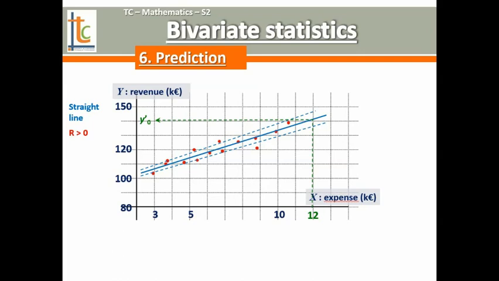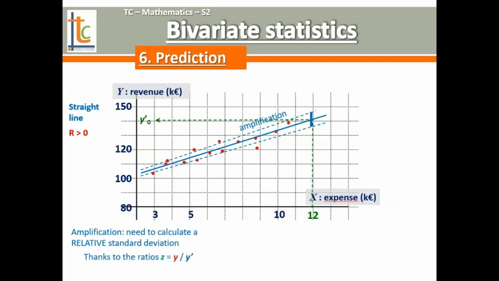These dotted lines are obtained by calculating a relative and not an absolute standard deviation, which is that of a new variable z, defined as the ratio y divided by y prime, and which effectively introduces this notion of relativity.